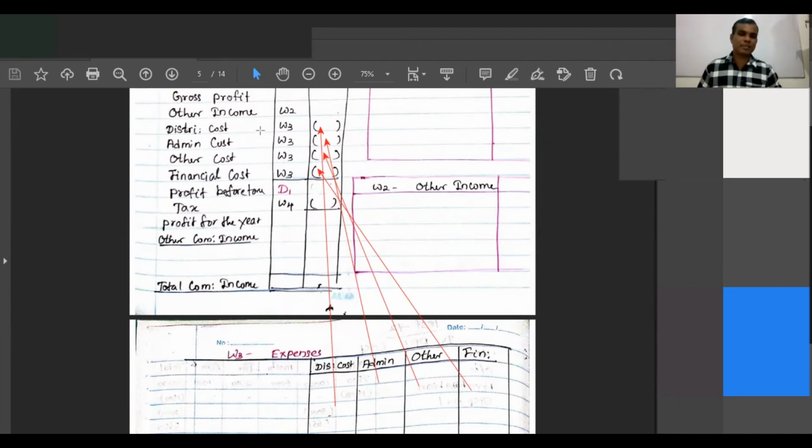Tax should be subtracted from the profit before tax. After subtracting tax, you are getting profit for the year.